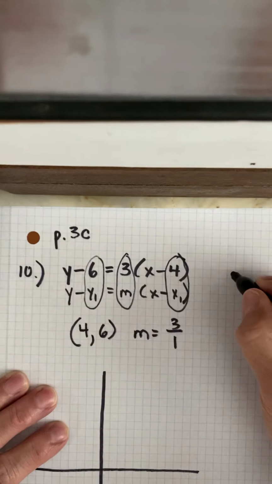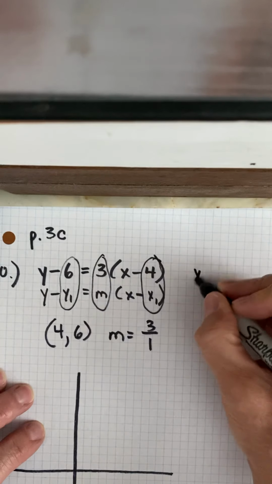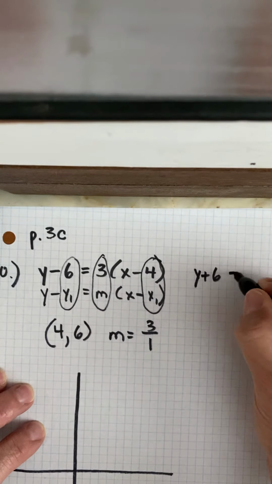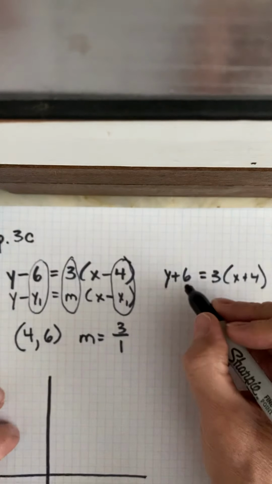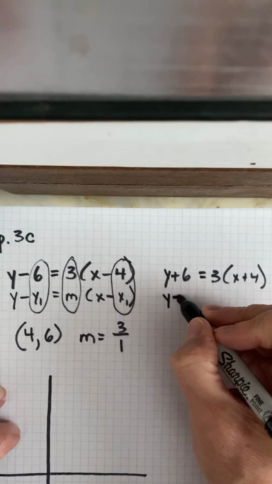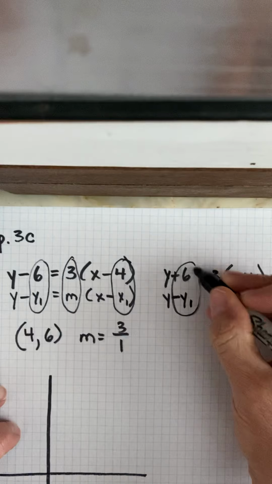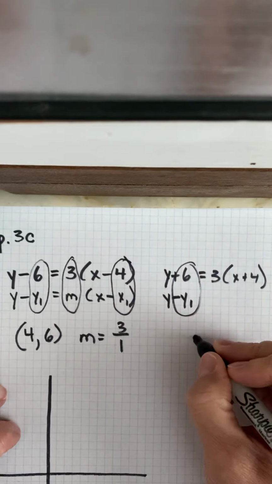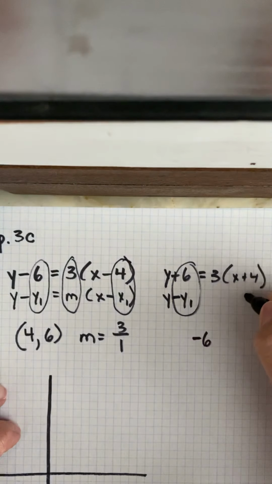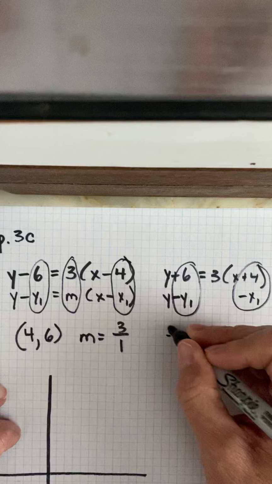Okay? Now, had it been, it's not, but had it been y plus 6 equals 3 times x plus 4, let's think about how that would change the point. If y minus y sub 1, well, that means negative y sub 1 is 6, so that means y would be negative 6, and x would be negative 4.